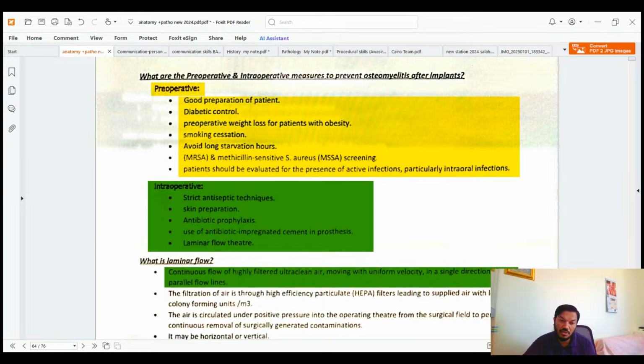The filtration of the air is through a high-efficiency filter.